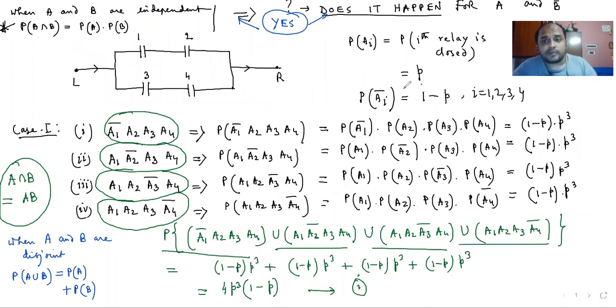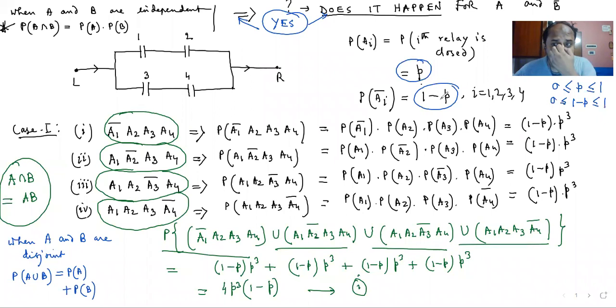If you carefully observe the question, you see that the given probabilities are small p and 1 minus p, and you know that small p is a number which lies between 0 and 1. Similarly, 1 minus p is also a number which lies between 0 and 1, but they are not interested in the values.